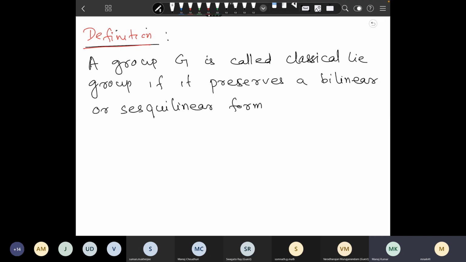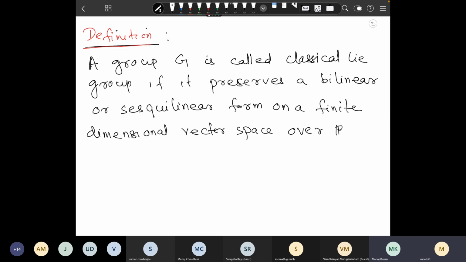A form on a finite dimensional vector space over R, C or H. This is called quaternions.